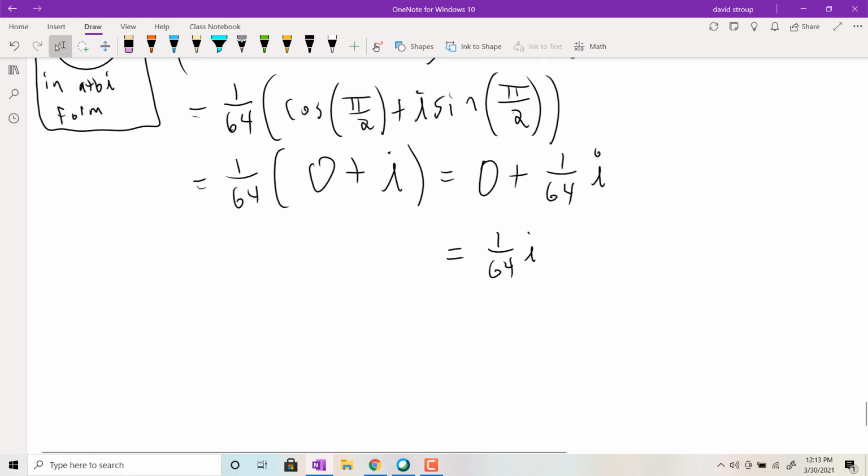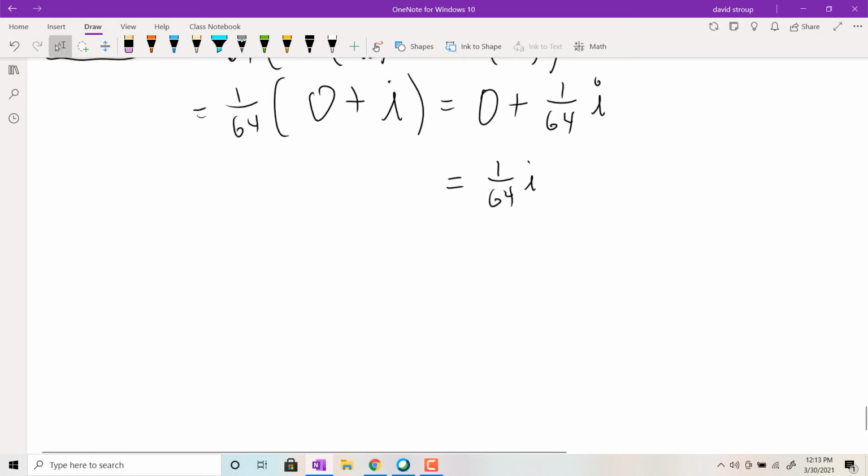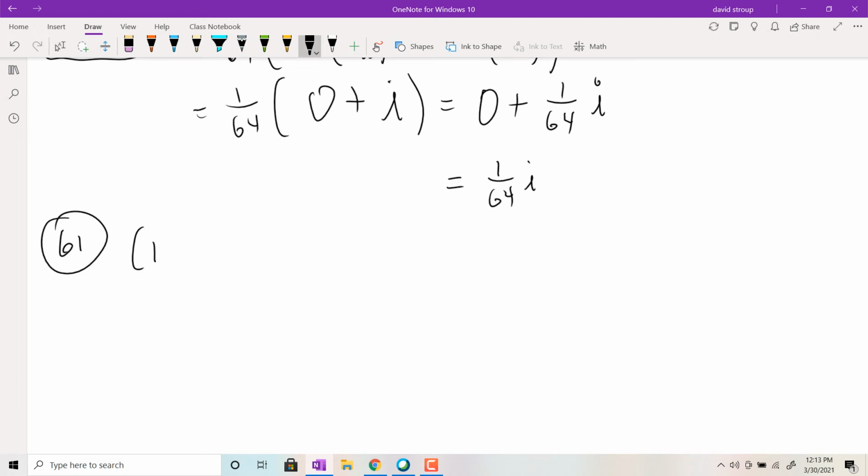Okay. Do we need one more of those? Sure. Let's do one more just to be safe. And then we have kind of one sort of crazy topic, which hopefully will blow your mind. Okay. Anyway, 61, we have 1 plus I to the 5th power. And we want to sort of use the polar form to multiply that out. So what you don't want to do here is literally FOIL 5 times, right?